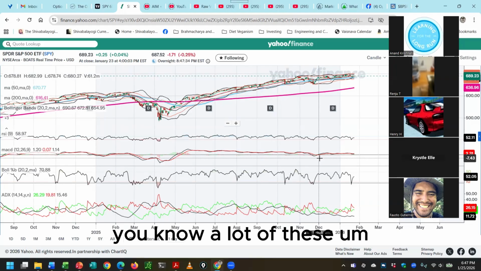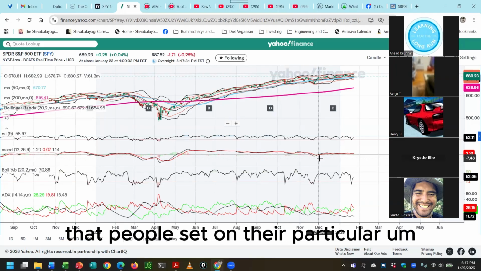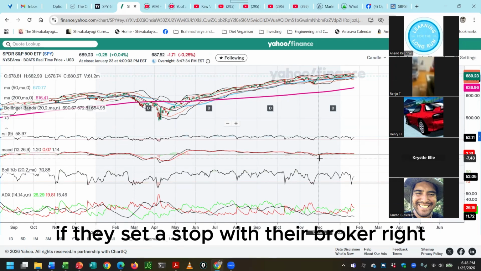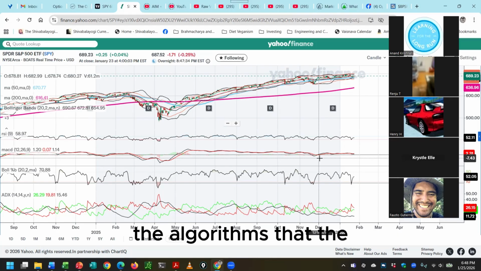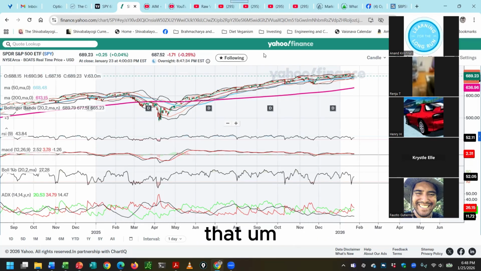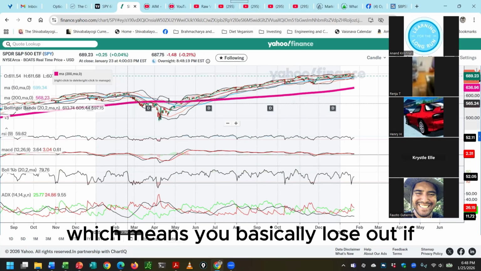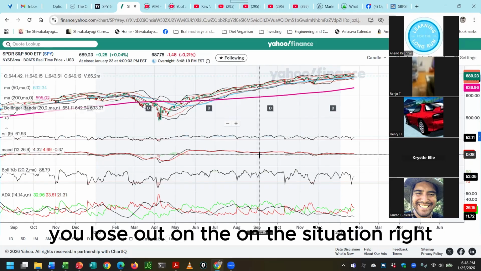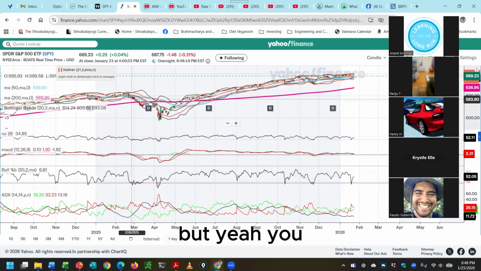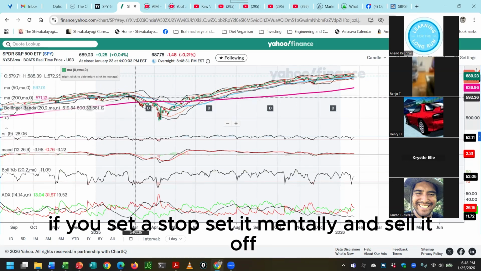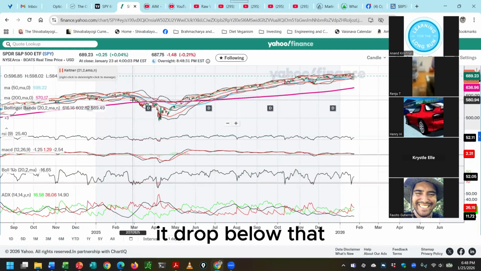A lot of these stops that people set with their broker, the algorithms used by the hedge funds and Wall Street actually ensure that the stops are hit, which means you basically lose out if it does go down and bounce back up. But yeah, if you set a stop, set it mentally and sell as soon as you start seeing it drop below that.